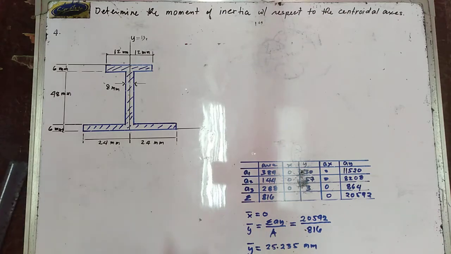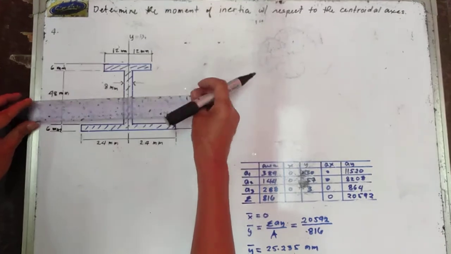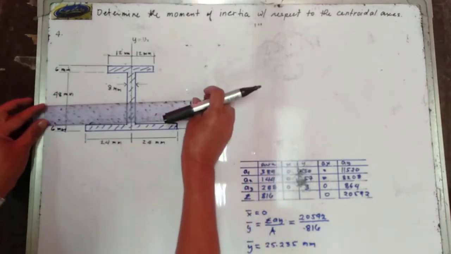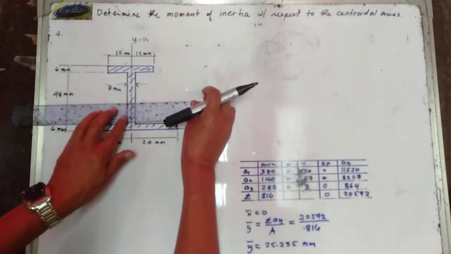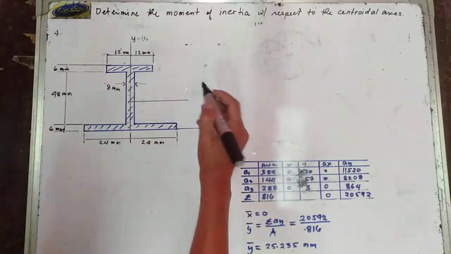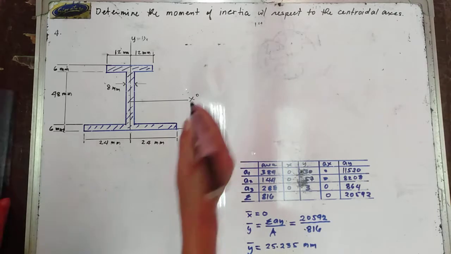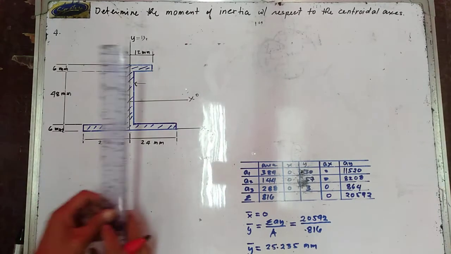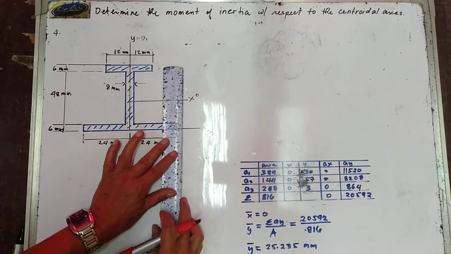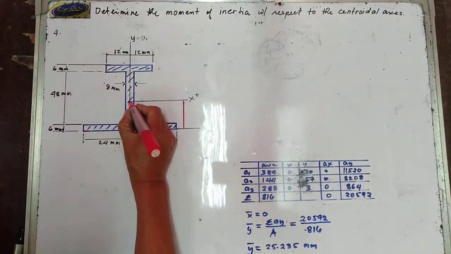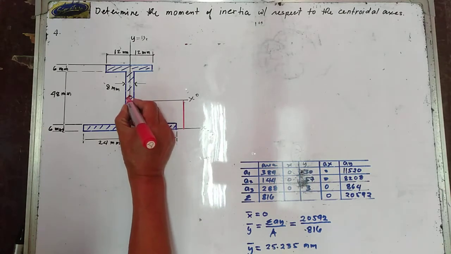So somewhere else at this point is now your x of O, and this is your bar y, that is the location of the centroid.